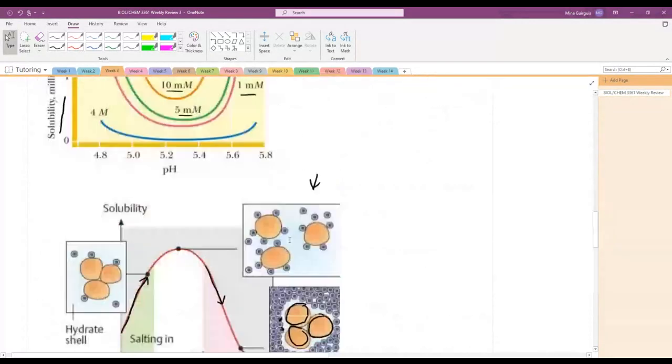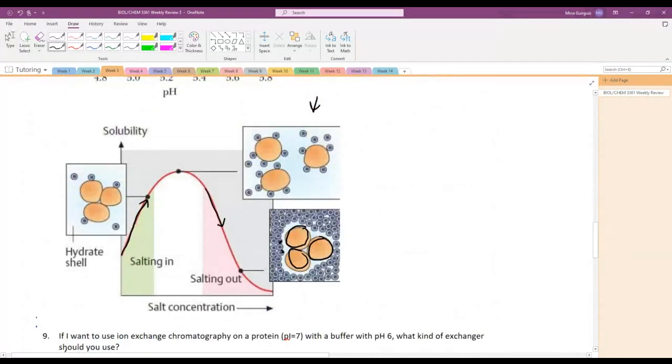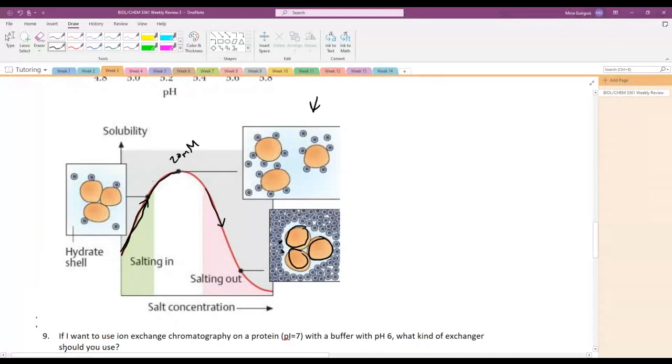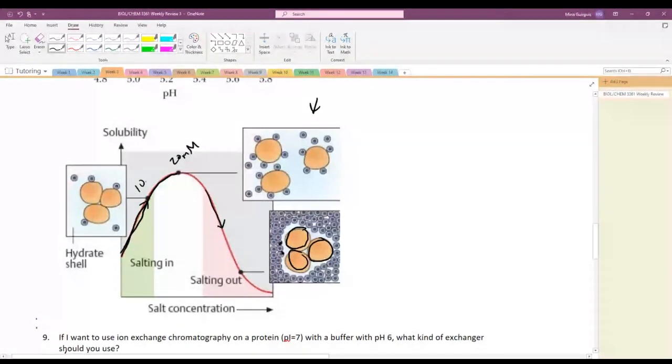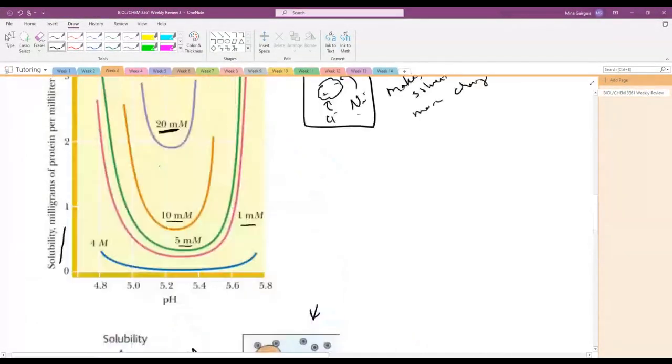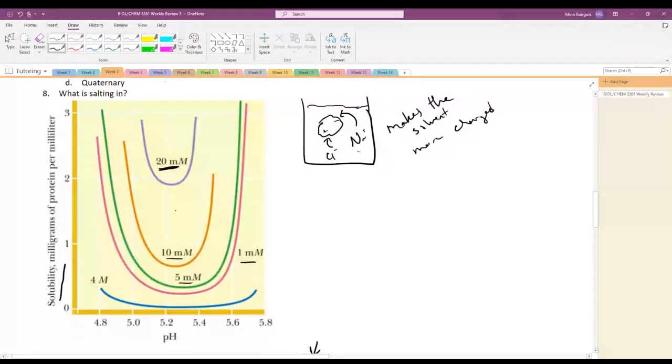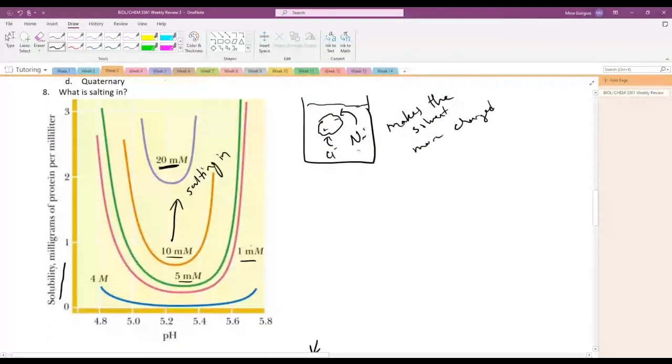That is, oh gosh, okay, I'm skipping ahead. That is as we go up this kind of peak. So 20 millimolar is the top of the peak in this case, and this could be 10 or something like that. That's what this is corresponding to. As you increase the concentration of salt, you increase the solubility. That's salting in. Okay, and this pH dependence, I said we'd talk about it in a bit.